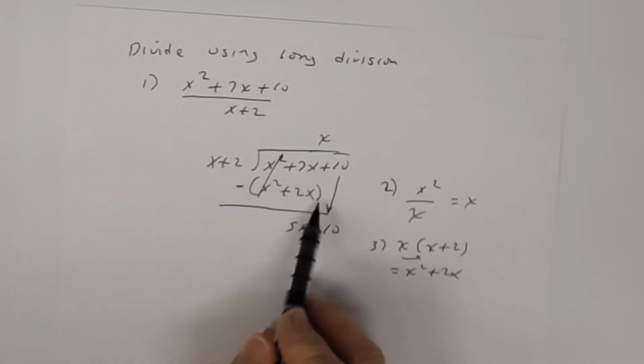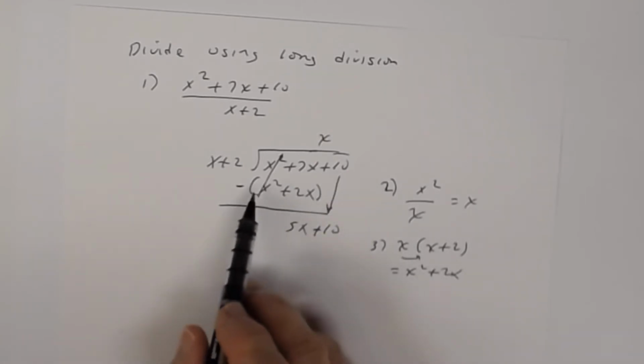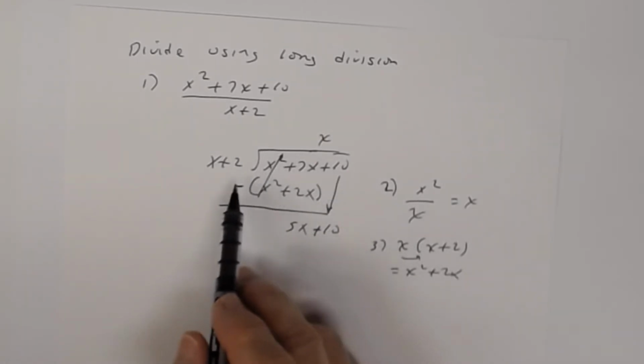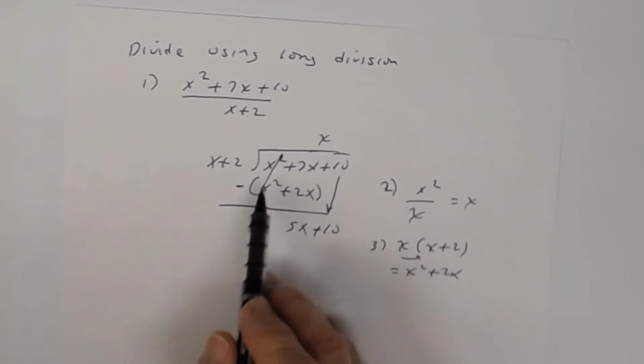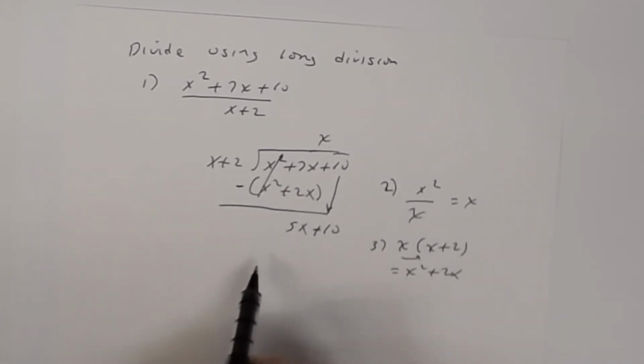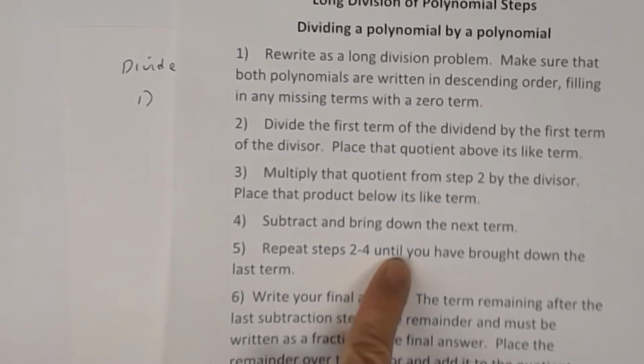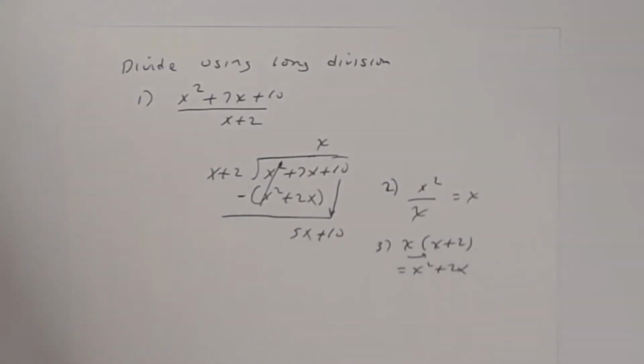You subtract all of this and then bring down the next term. So when I subtract, I say x squared subtract x squared is 0. Those cancel out. 7x subtract 2x is 5x. And now you're going to repeat steps 2 through 4 until you've brought down your last term. And that's what we did here.